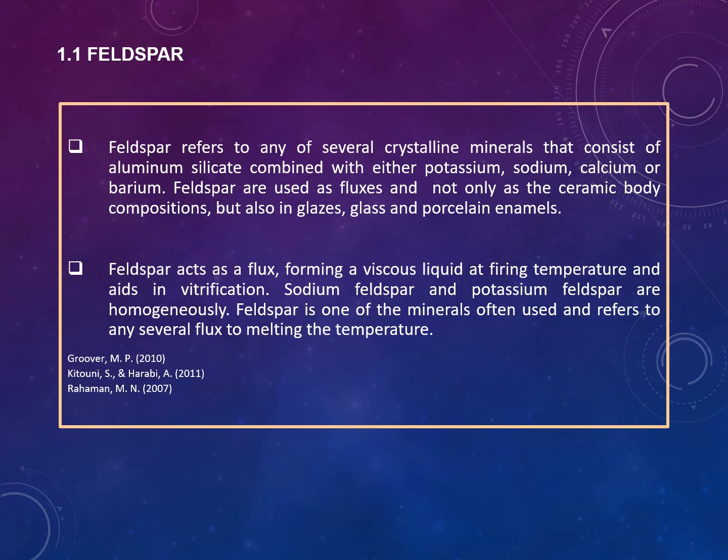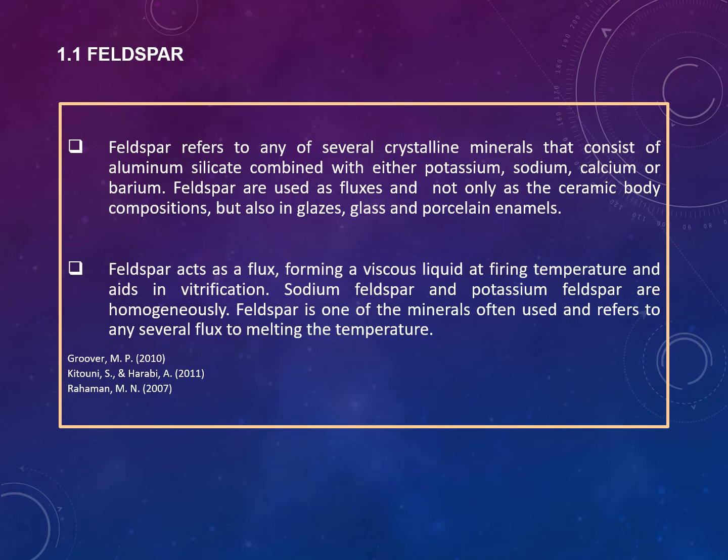And then it is about feldspar. Feldspar refers to any of several crystalline minerals that consist of aluminum silicate combined with potassium, sodium, calcium, or barium. Feldspar is used as a flux, not only in the ceramic body composition, but also in glasses and porcelain enamels.